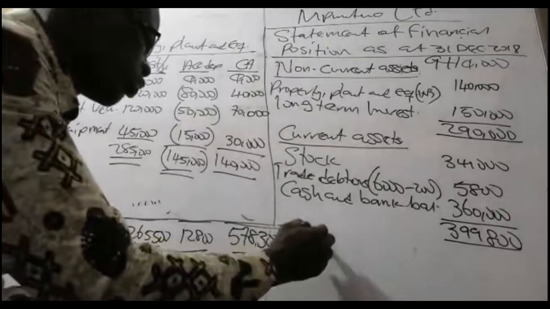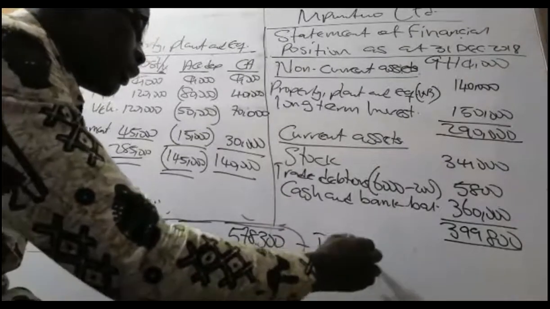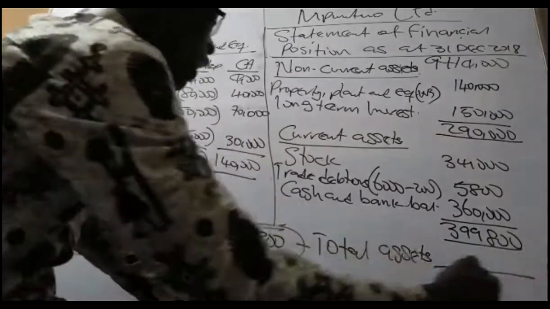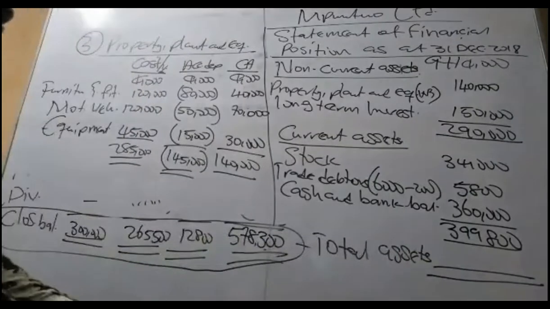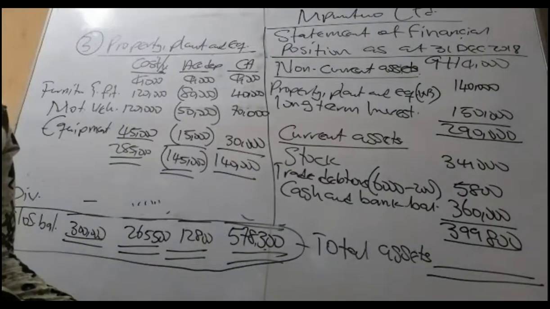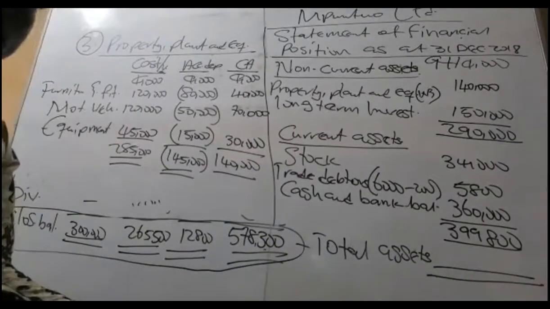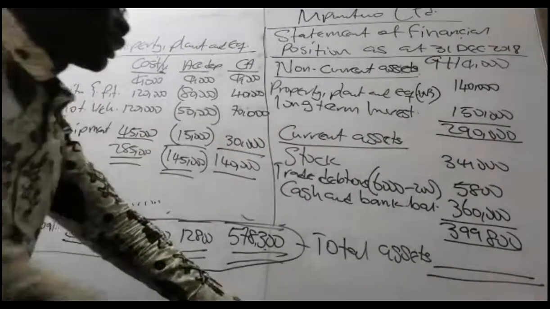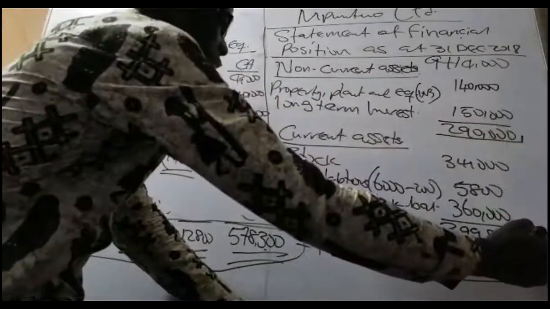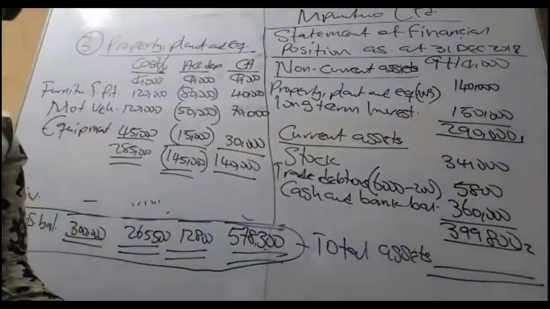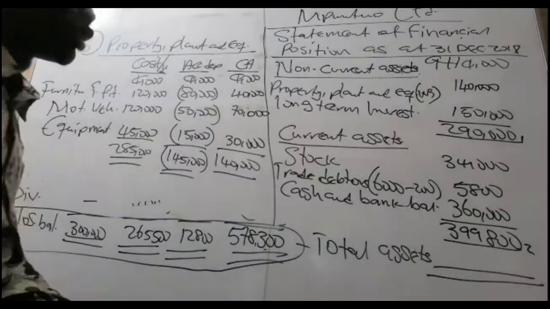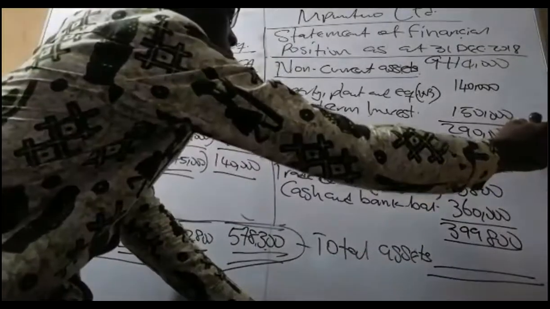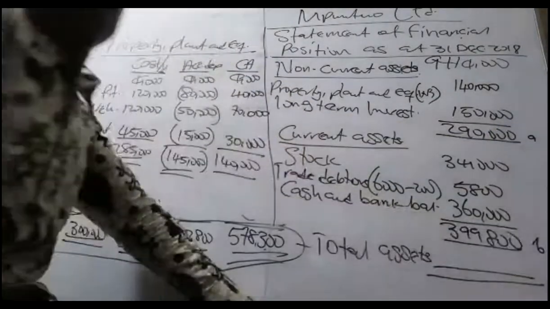Then you write total assets. Total assets will be double underline because that's the River Jordan. We will put together total non-current asset plus the current. So let's make it A and B. So A and then B. Putting these two together.